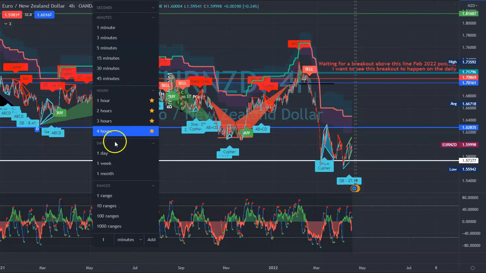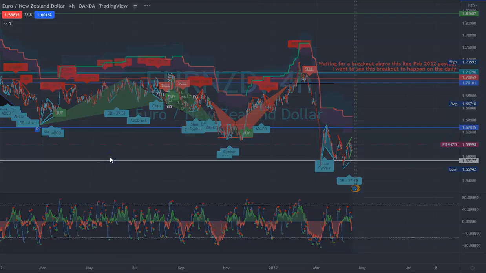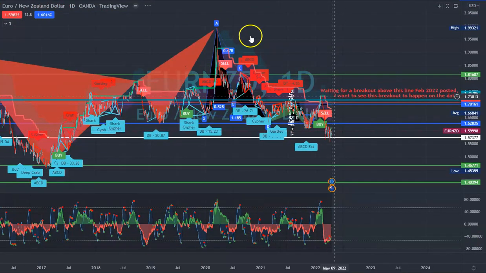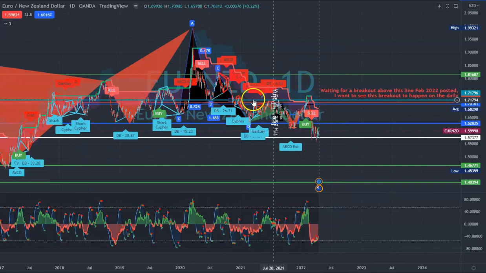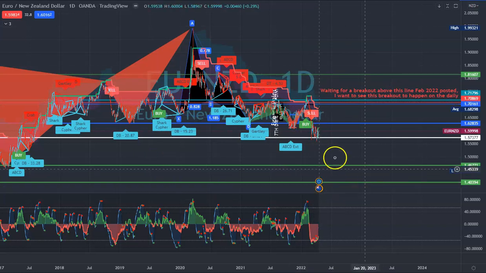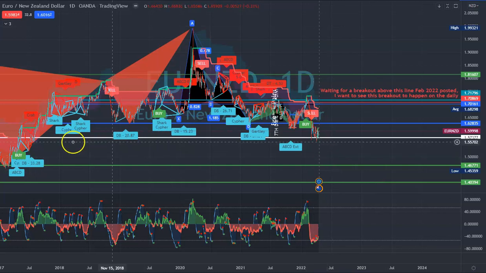Let's see if we go to the daily. See what we find. Oh yes, I forgot I even drew these. We're waiting for this. So we've still got targets down below. It's under the control of this right now.